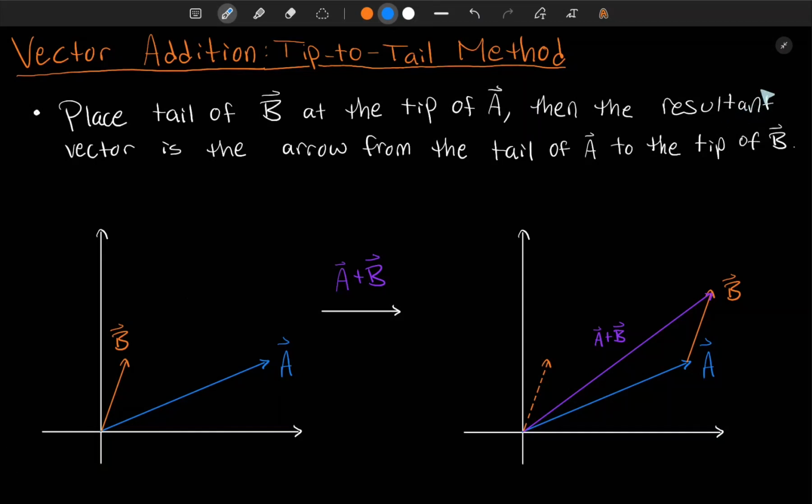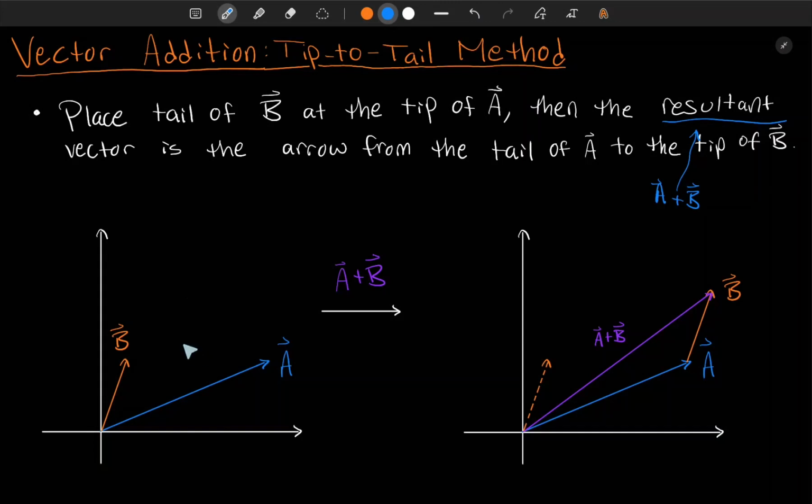And the resultant vector, here it just means A plus B. So whenever you're doing vector addition, the resultant vector is just the vector you get when you add two others together. So the resultant vector is the arrow that points from the tail of A to the tip of B. So let's see an example of this.